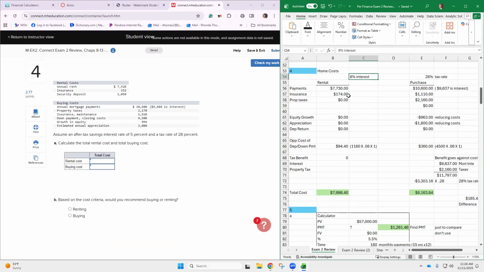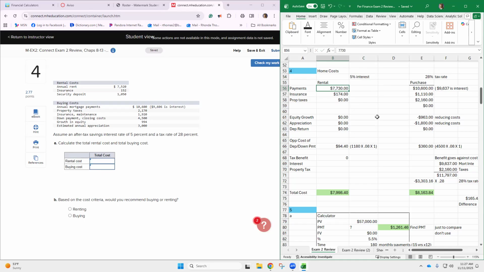So based on the least cost is what the objective is of doing this. So my interest rate in my problem is 5%. Okay, so let me put that in, 5%, and then I need a tax rate. The tax rates are just for the purchase. Okay, so 28%. So I checked that. So both of those are correct.